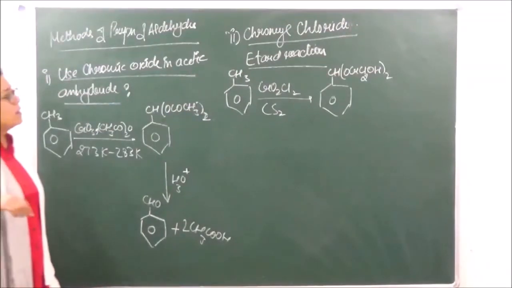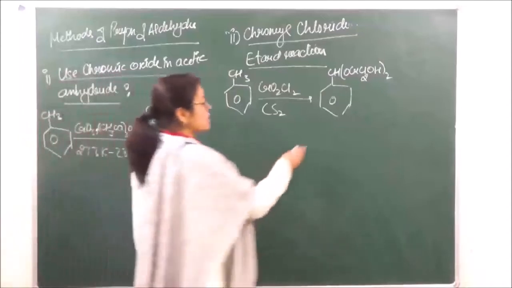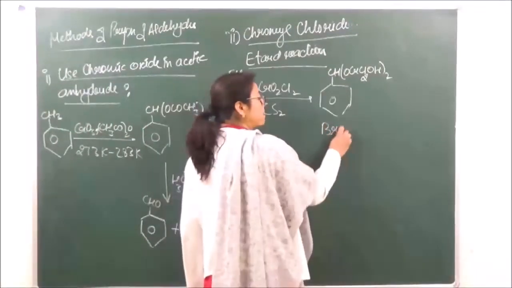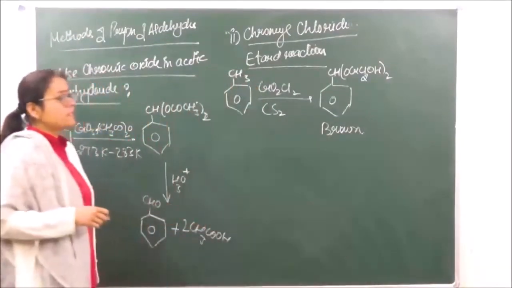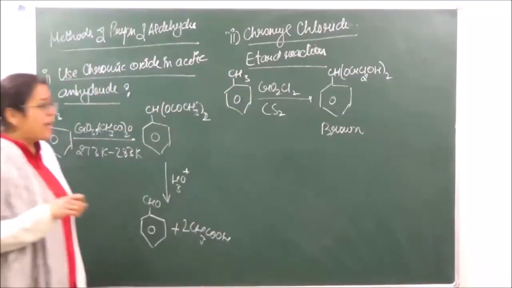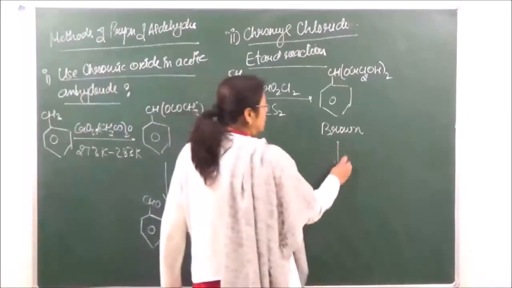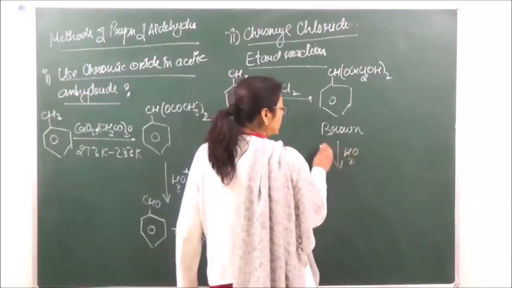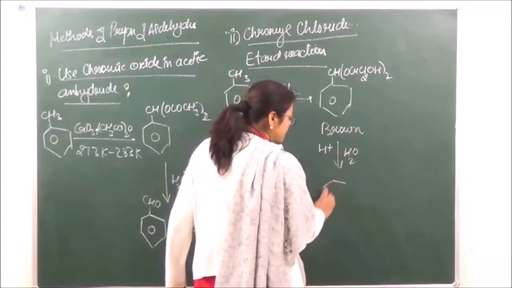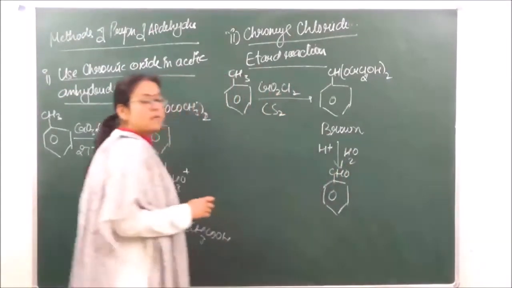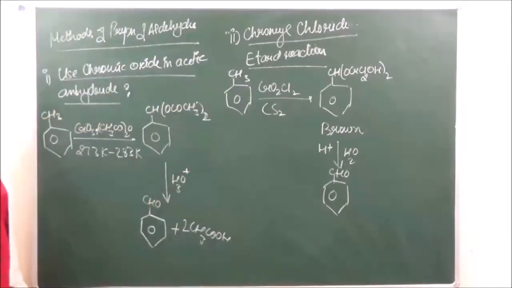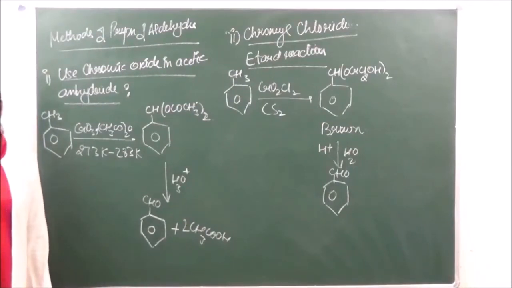This is a complex which has a brown color. Now this complex which is formed is going to be hydrolyzed further in the presence of an acid to give us benzaldehyde, which is CHO. So this reaction is important. It is the Etard reaction.